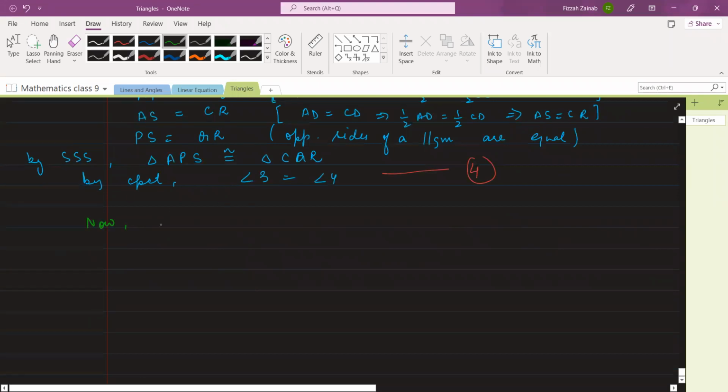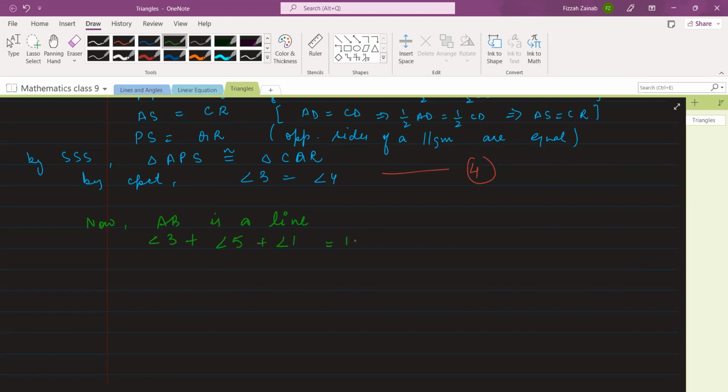You can write like this: now AB is a line, so angle 3 plus angle 5 plus angle 1 is 180 degrees. Why? Because of linear pair. You know this, linear pair.